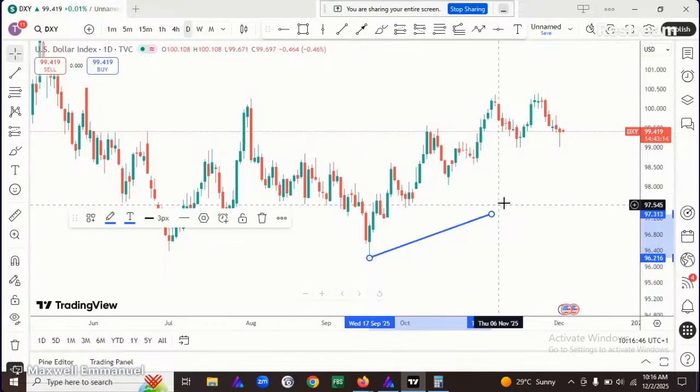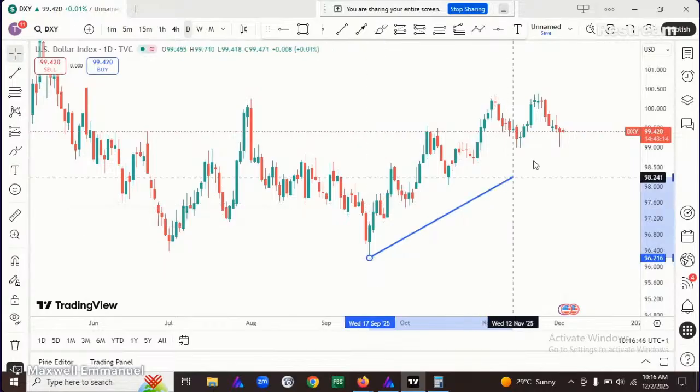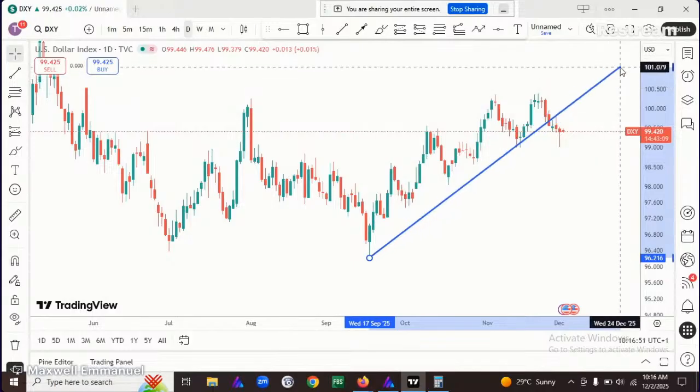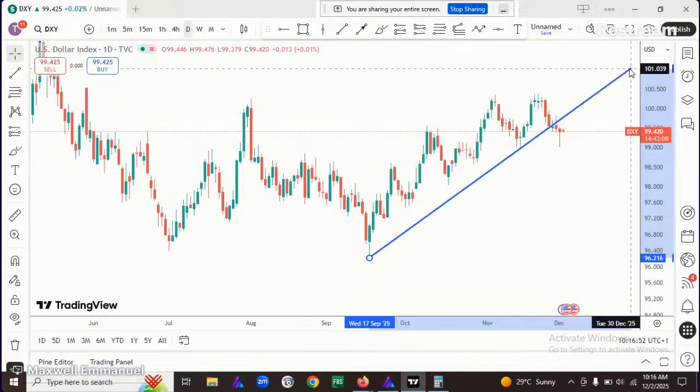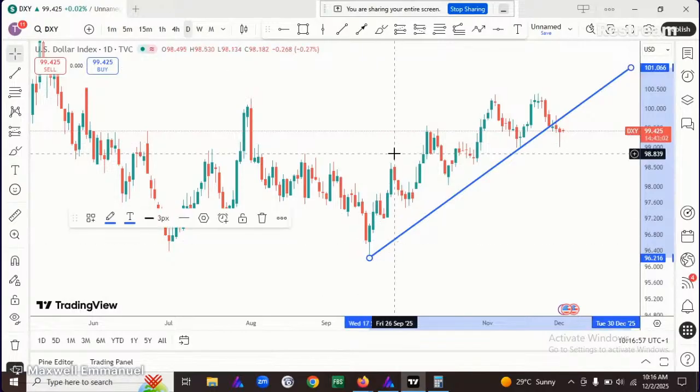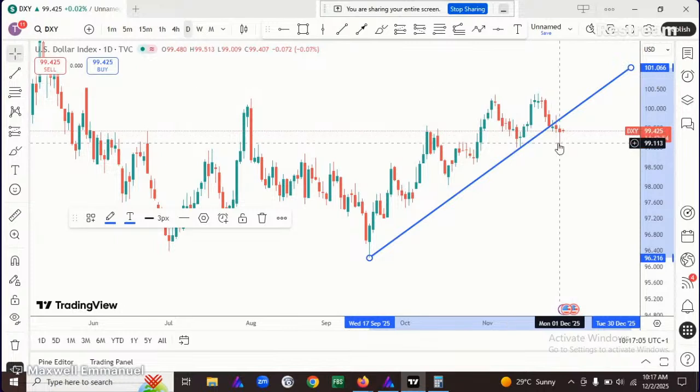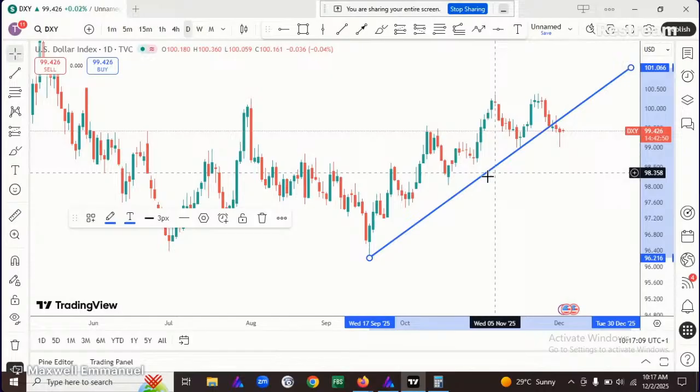You can see it's obvious that this structure is a bullish structure. It's forming a series of higher high, higher low, higher high, higher low. Why did price break out from this trend line at this point?